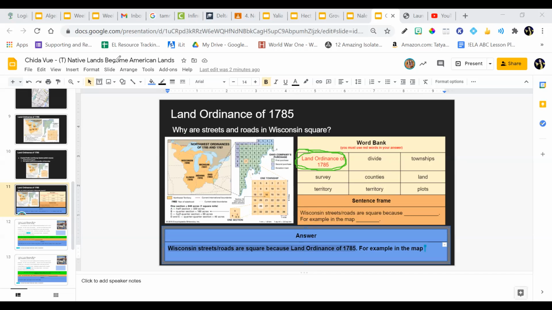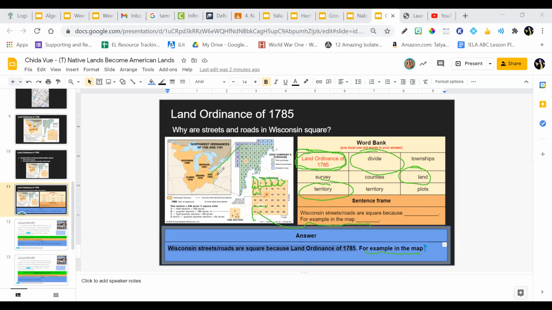So what I might say is, for example, on the map, I can see that the states are divided into small squares, right? I can see the land is divided into squares. I could say the territory is divided into squares, so the map shows us that.